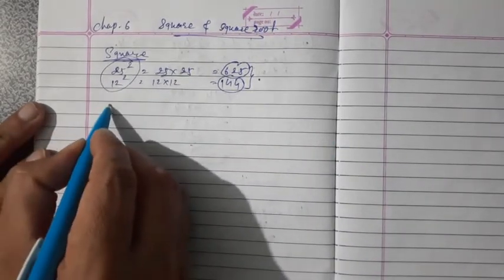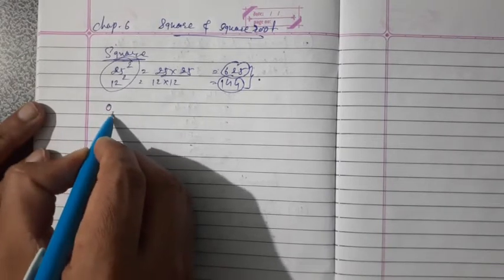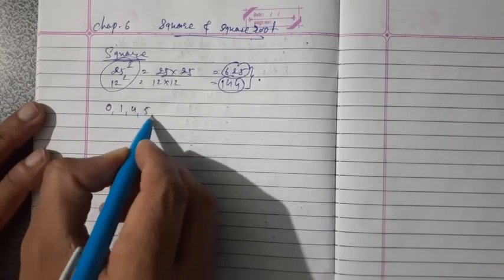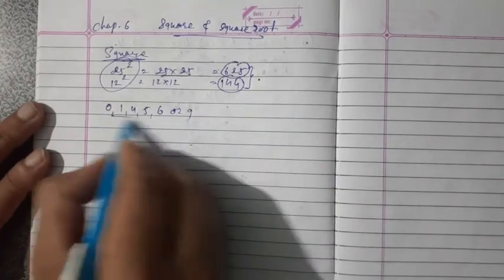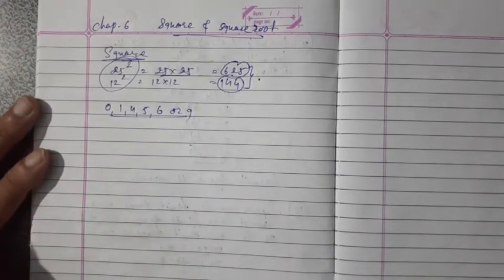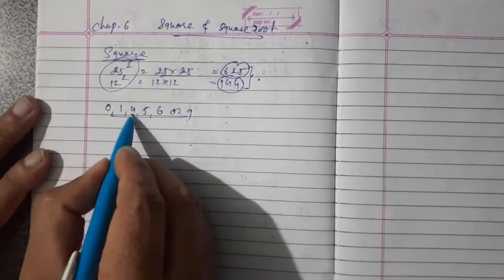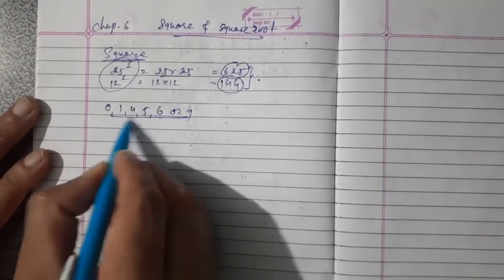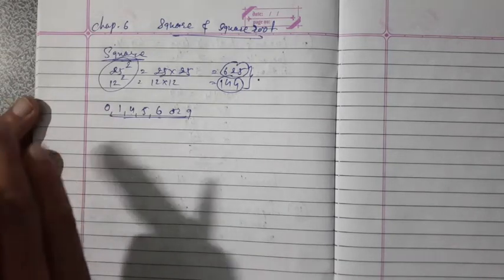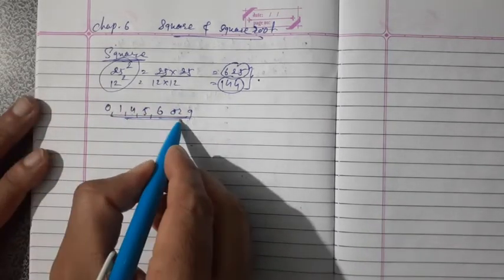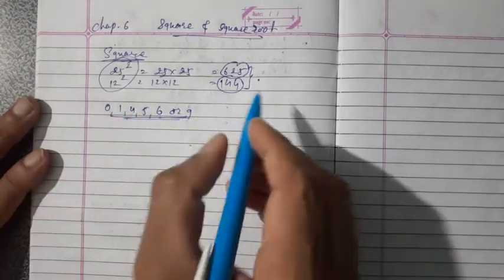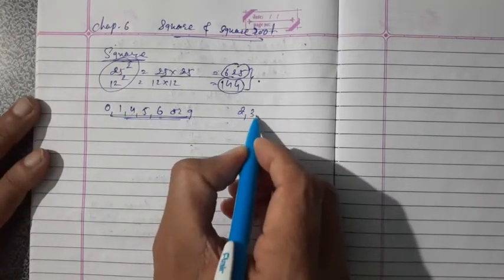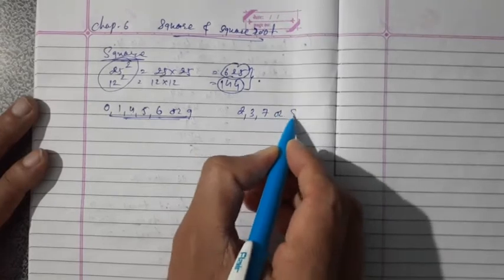Look, at the unit place we get 0, 1, 4, 5, 6 or 9 after squaring any number. We never get 2, 3, 7 or 8.